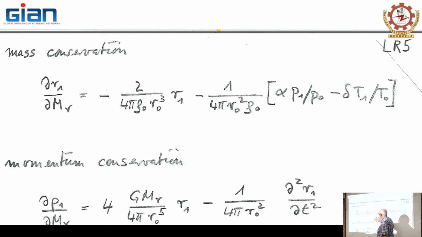This is a linearization of the 1 over r squared term, and this here is the linearization of 1 over the density. Once you linearize 1 over density and express it in terms of the pressure and temperature variation, you get this term, which goes with alpha times p1 over p naught minus delta times the relative temperature perturbations, like the linearization of density you have seen before.